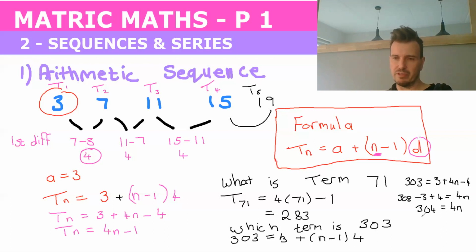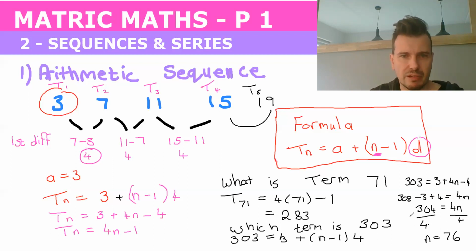Okay, and then if you divide 304 by 4, you should get 76. Divide by 4, divide by 4. Okay, so that is your arithmetic sequence and trying to figure it out.